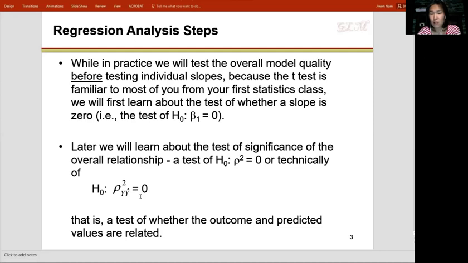Does it make sense? So the model summary, the overall model test, says the relationship is 0. And if we find enough evidence to reject this null hypothesis, then we say it's statistically significant.